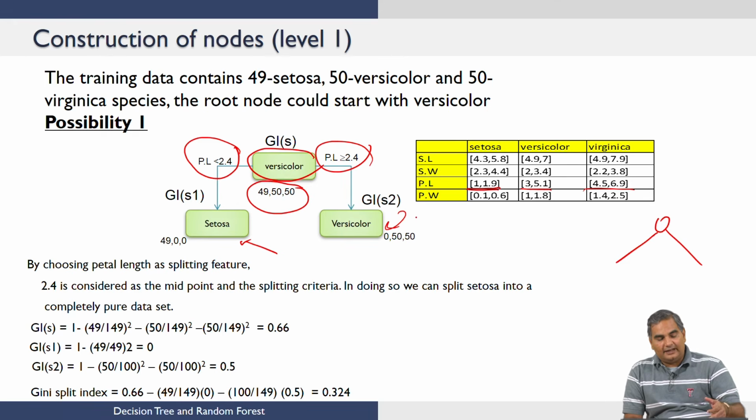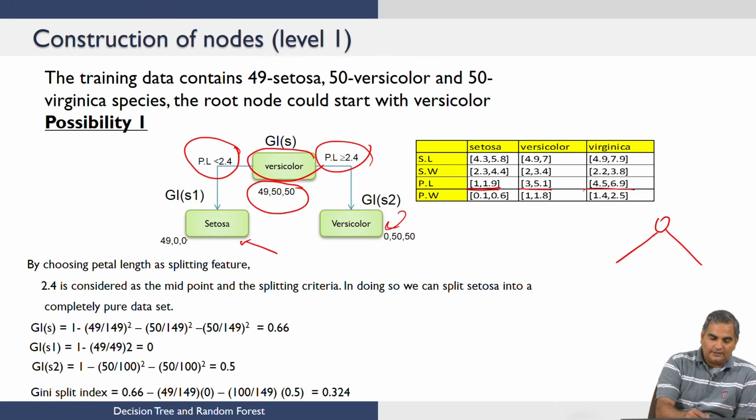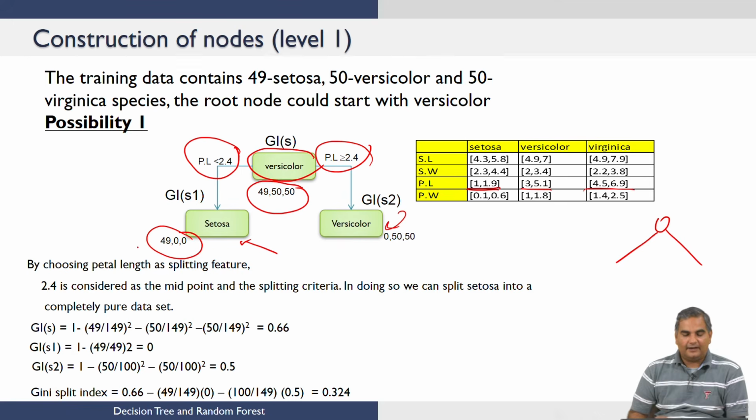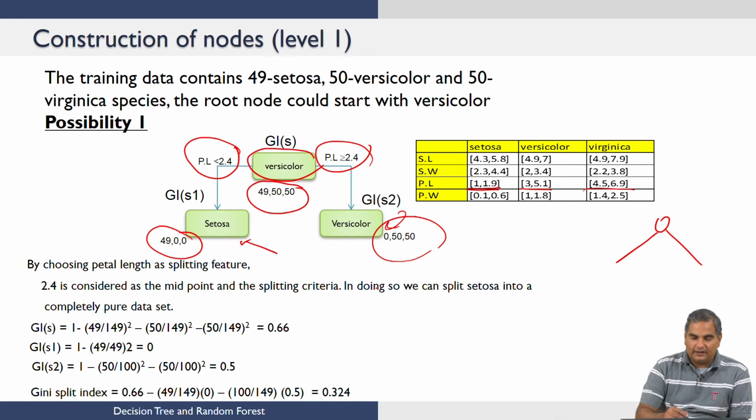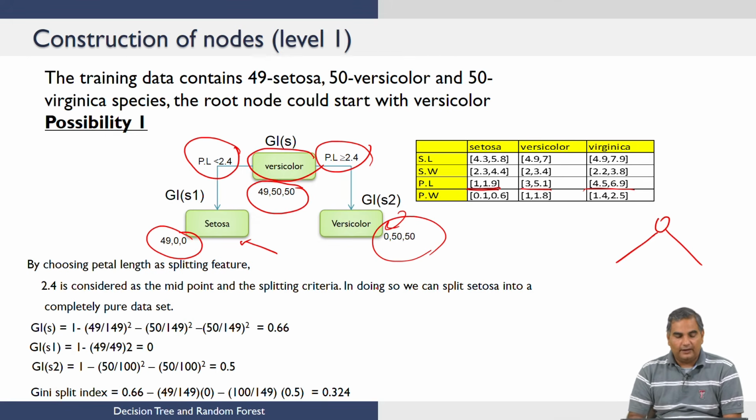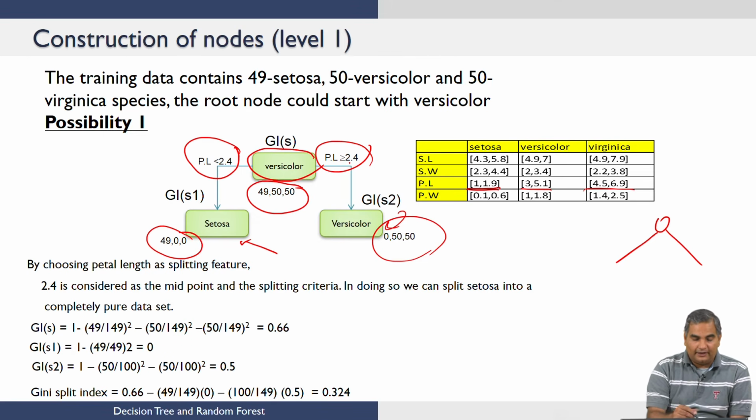In the training data, if you pick all the data points where petal length is less than 2.4 and bring them to this node, you will notice all the setosa data will come here, and all the versicolor and virginica data will go to the other node. Remember, these 149 data points have now been split into two nodes.